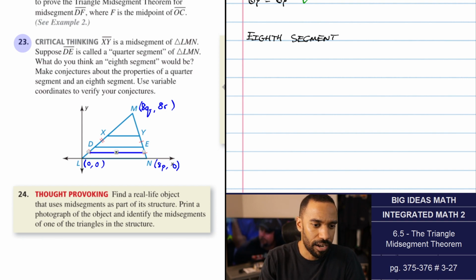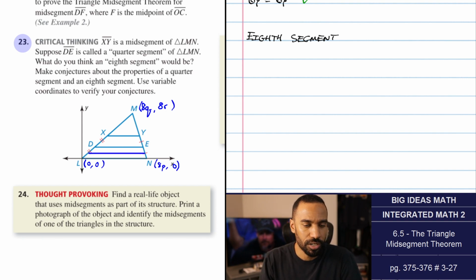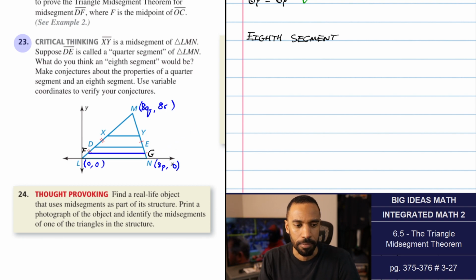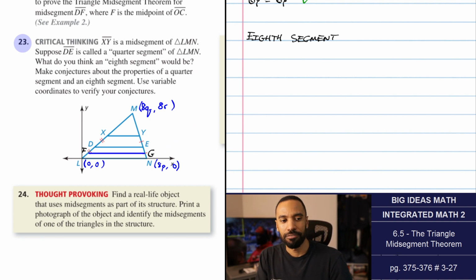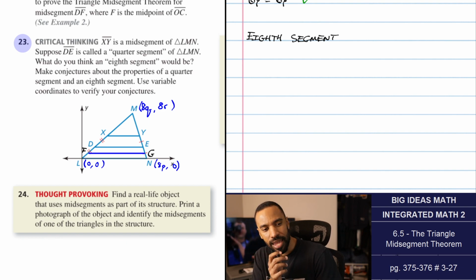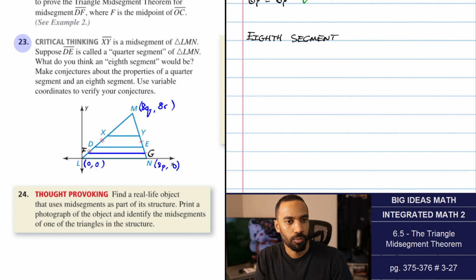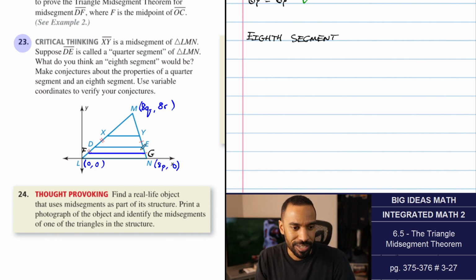So hopefully you can make a similar-ish conjecture with me. Let's see. What letters? Let's use F and G. So FG would be an 8th segment halfway between L and D. F is halfway between L and D, and E and N, things like that.